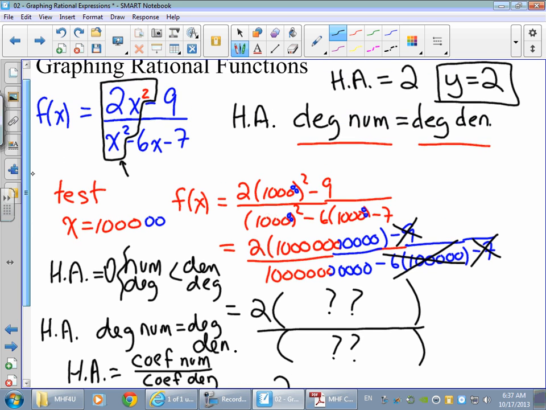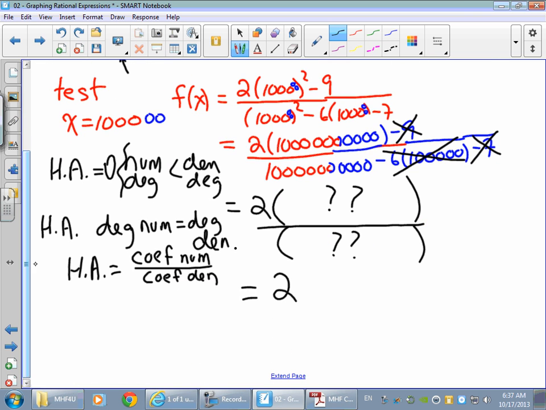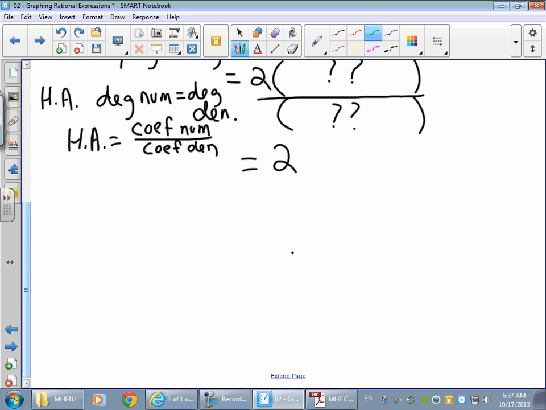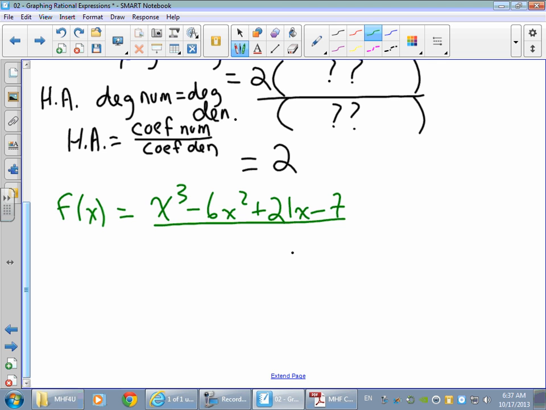Again, we just look at the terms that we're interested in, the 2x squared and the x squared here, and simplify that. Again, just to go to the extreme cases here.